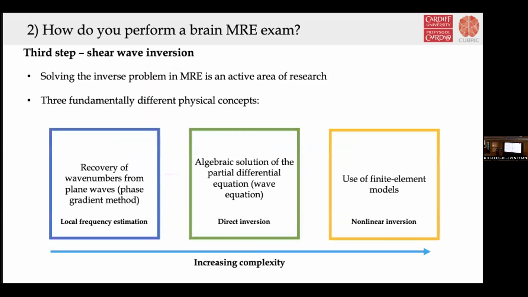So this is a very active area of research. There's no universal agreement on what is better, of course, but there are three fundamentally different physical concepts. These methods look at the spatial frequency of the wave, or the wavelength, the wave speed.